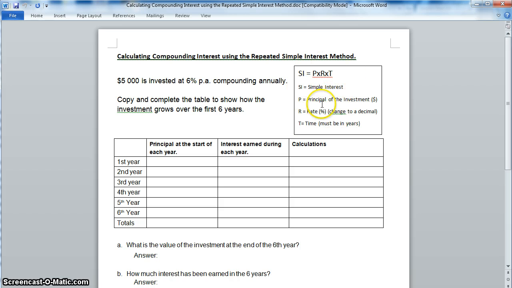So we're going to be using this formula repeatedly, that means over and over, to work out this investment problem, which has to do with compound interest.